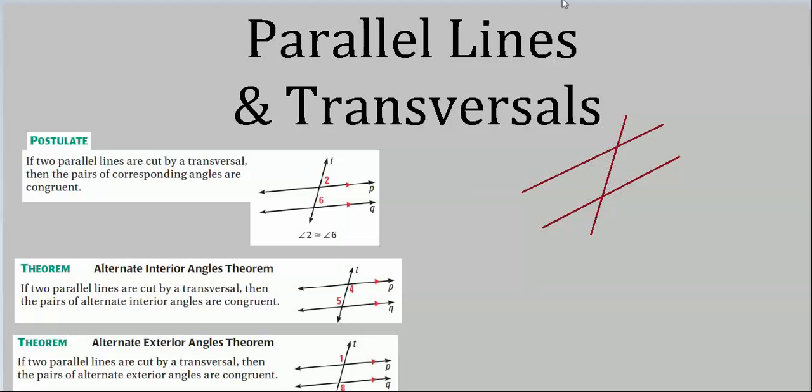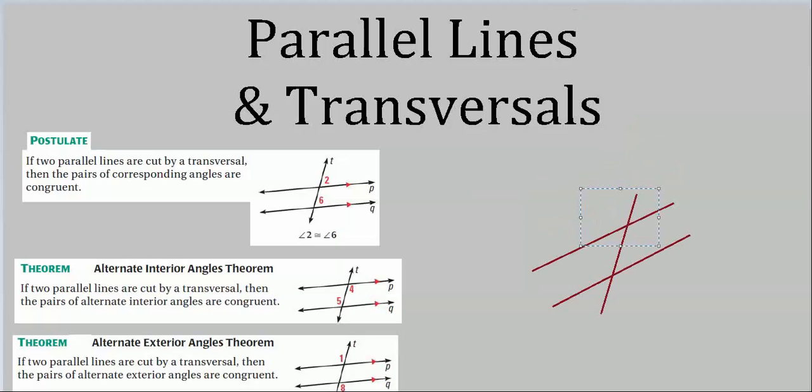Like this. Let's try it this way. Well, what I'm getting at, not saying it very well, is that the only difference between this line and this line is the fact that it's shifted up a little bit. As it crosses this line here, it kind of makes sense that it would cross at exactly the same angle.